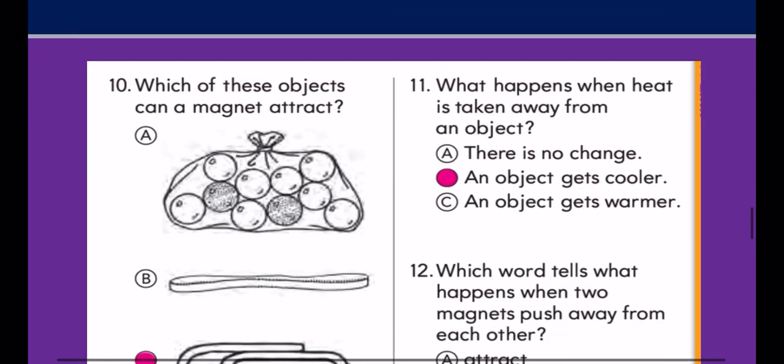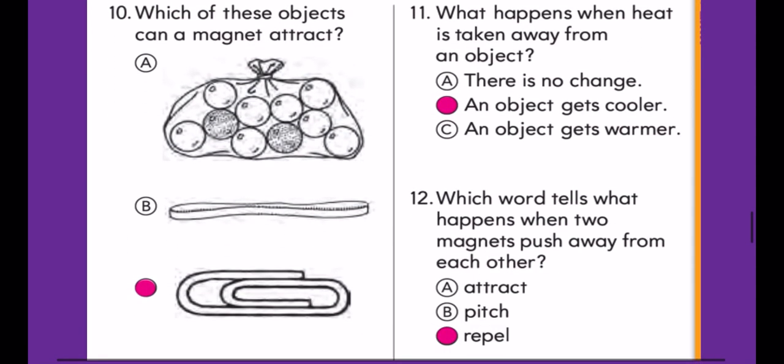Okay. Number 10, of course a magnet will attract the paper clip because the paper clip is made of iron. Yes, or steel or metal. Magnets attract things made of iron, metal, and steel.